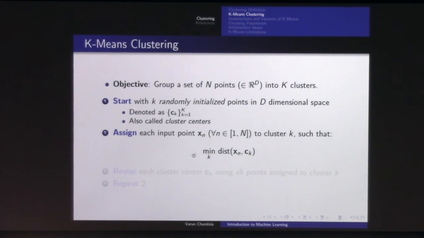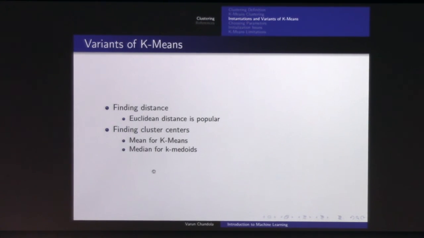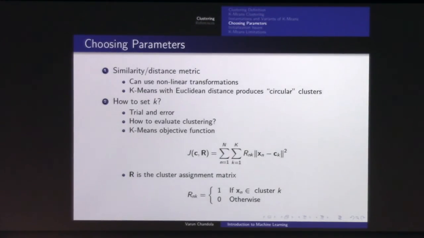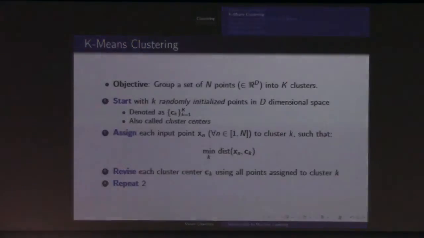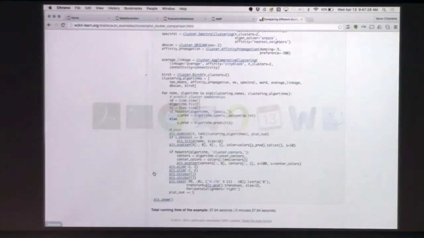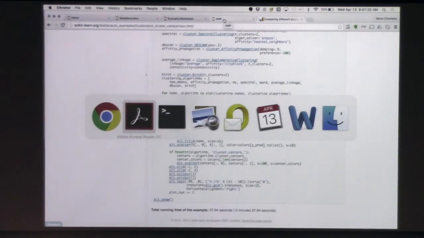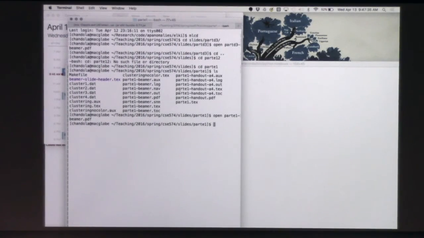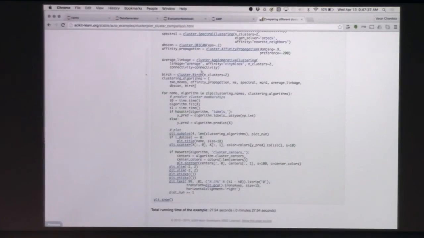Then you recompute the cluster centers, and you keep repeating this until you converge. So that's the general algorithm. I was going to show you a quick demo, but let's do it in the next class, because we are out of time anyway.